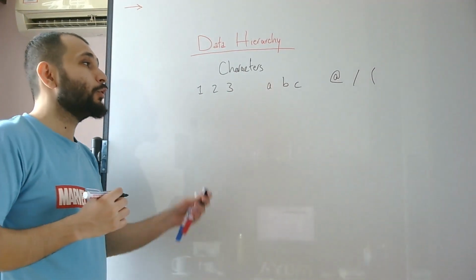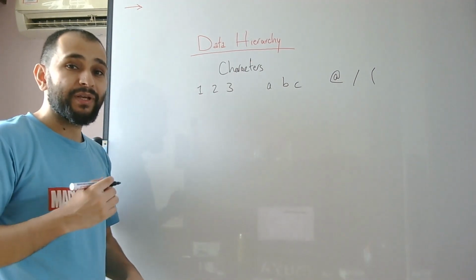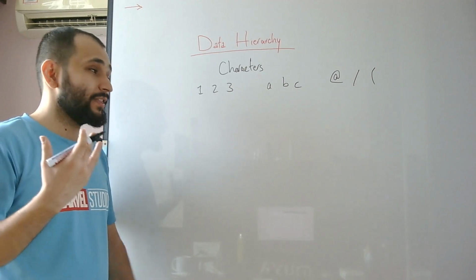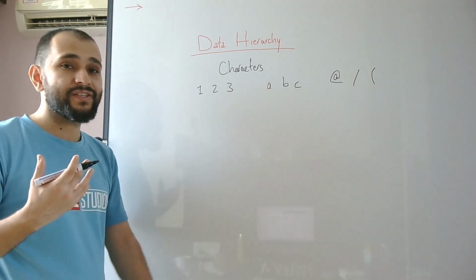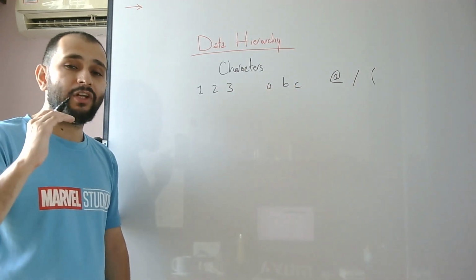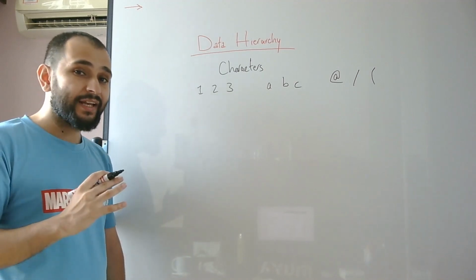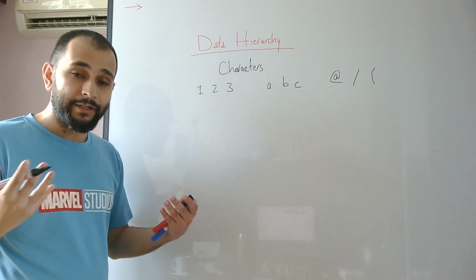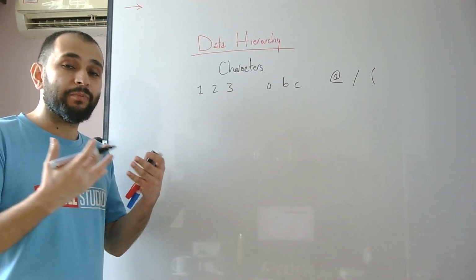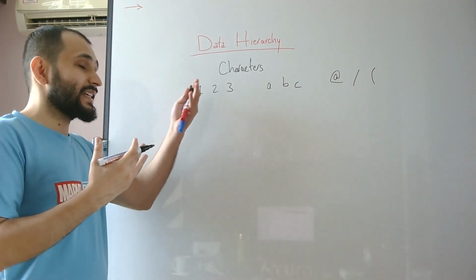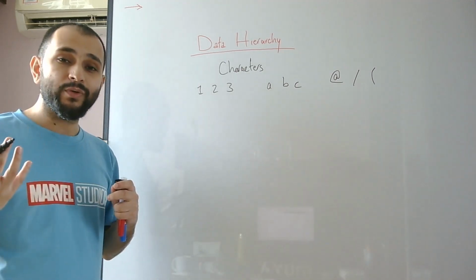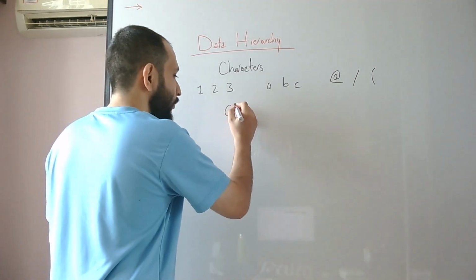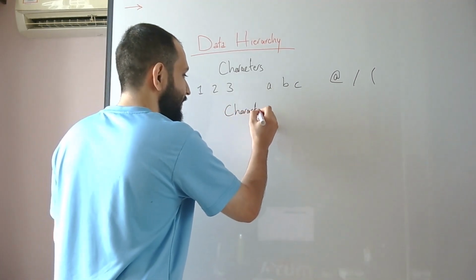We like to work with these characters because this is how our understanding is, and this combination of characters is on our level of perception and understanding. Because of that, we combine bits at the computer level to represent characters. So how do we do that? We do that using a character set.